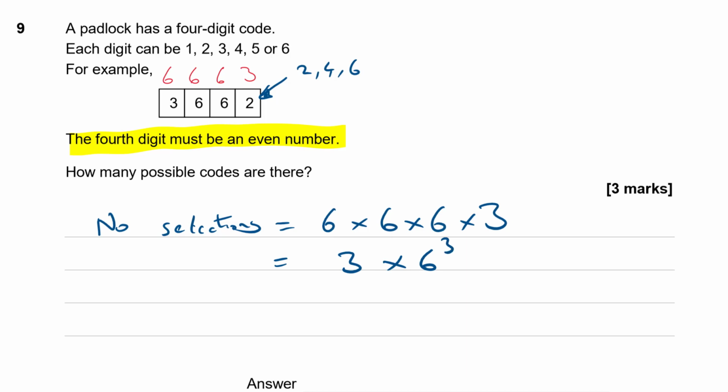Slightly neater way of writing it. Do you think we need to work it out? Debatable. If you've got a calculator, might as well. 3 times 6 to the power of 3. I make that 648 combinations.